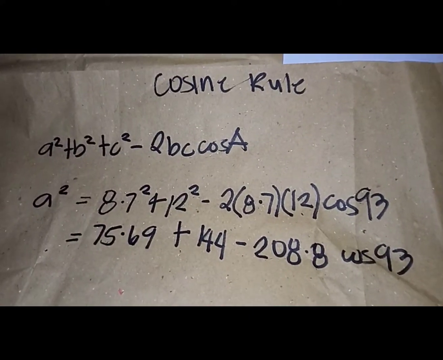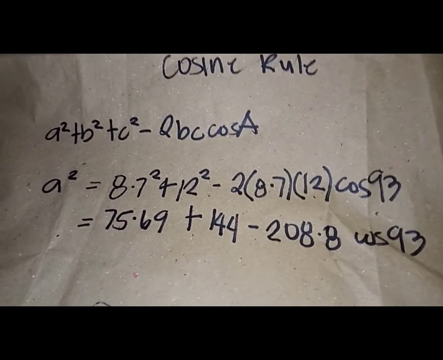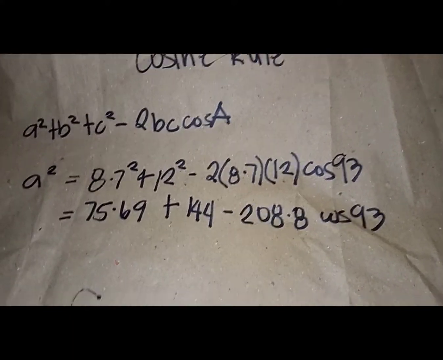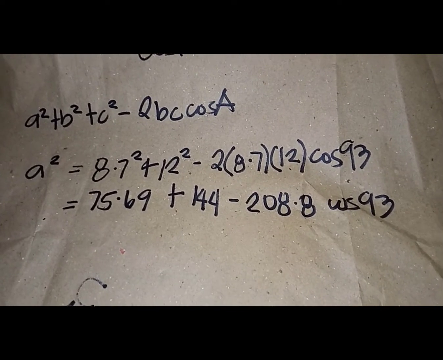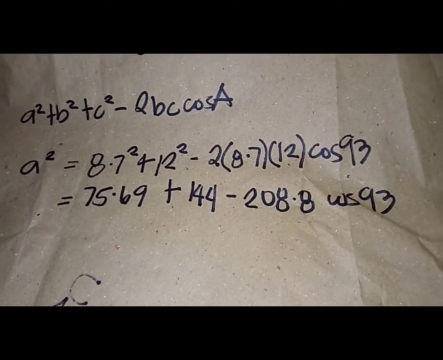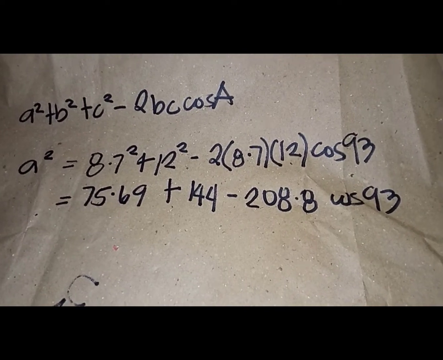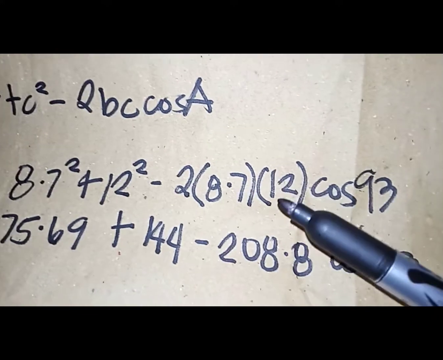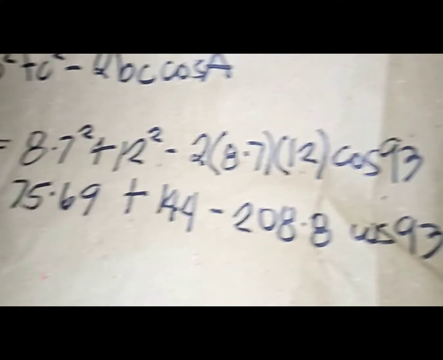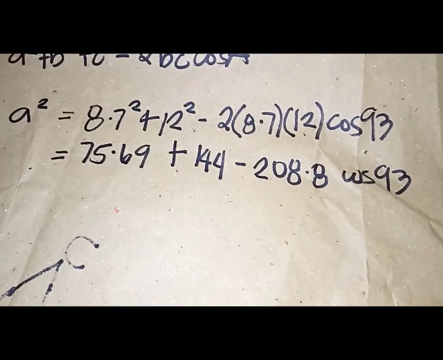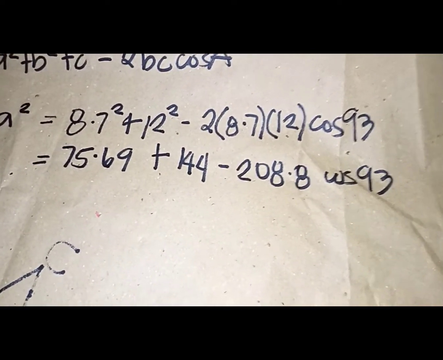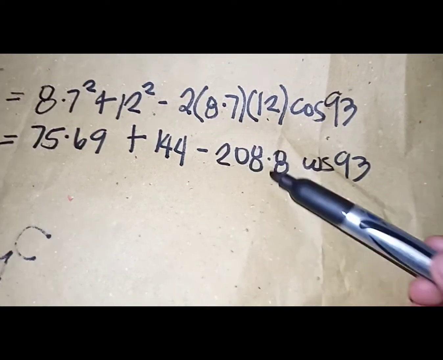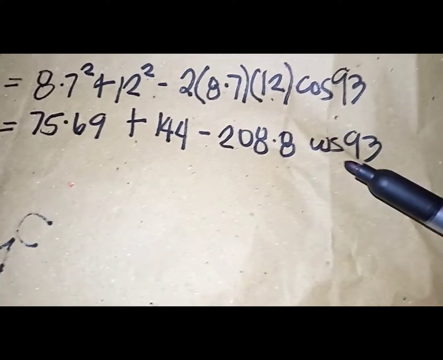The formula of cosine is a squared equals b squared plus c squared minus 2 times bc times cos A. So A squared, the missing, which we're going to find, is equal to 8.7 squared plus 12 squared minus 2, where b is 8.7 and c is 12, then cos 93 degrees. Then 8.7 squared is equal to 75.69, 12 squared is equal to 144, and 8.7 times 12 times 2 is equal to 208.8 times cos 93.